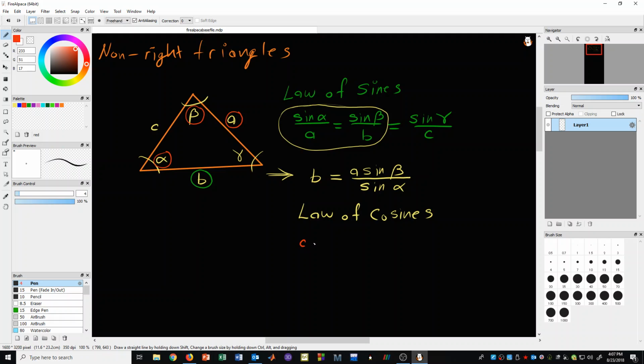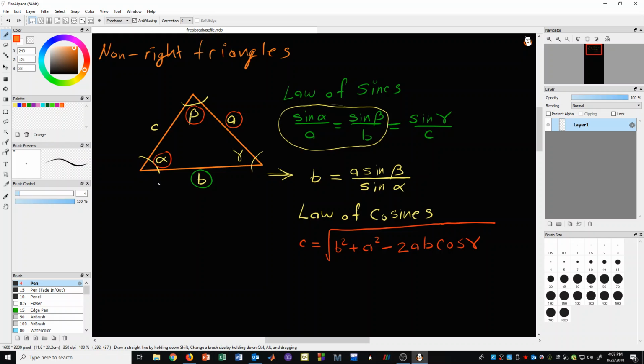That is that C is equal to the square root of B squared plus A squared minus 2AB cosine of gamma.